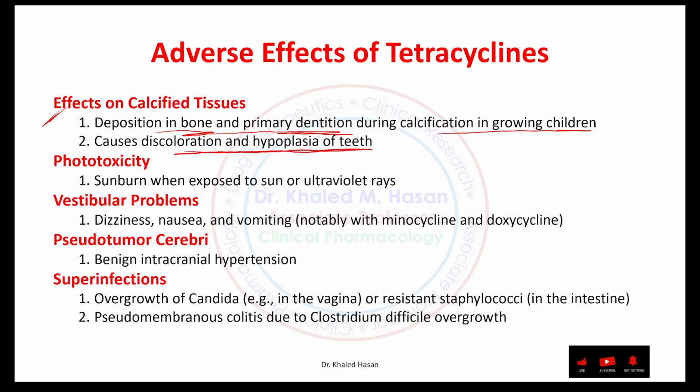So two things here: it may affect the calcification of growing children and retard the growing bone. Number one. Number two, it may cause discoloration and hypoplasia of teeth. Therefore, it's very important not to prescribe this medication to children less than 8 years old.